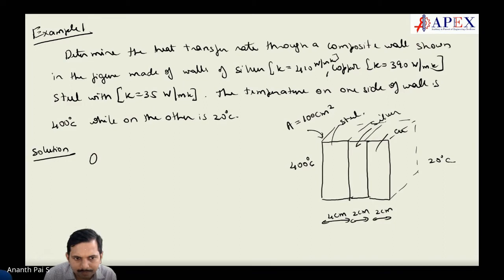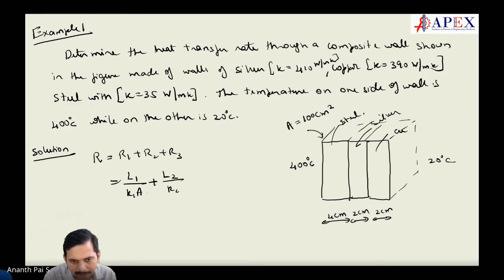Q is equal to delta T by R overall. R is equal to R1 plus R2 plus R3, which is L1 by K1 into A plus L2 by K2 into A plus L3 by K3 into A. L1 is given as 4 centimeters, so 0.04.